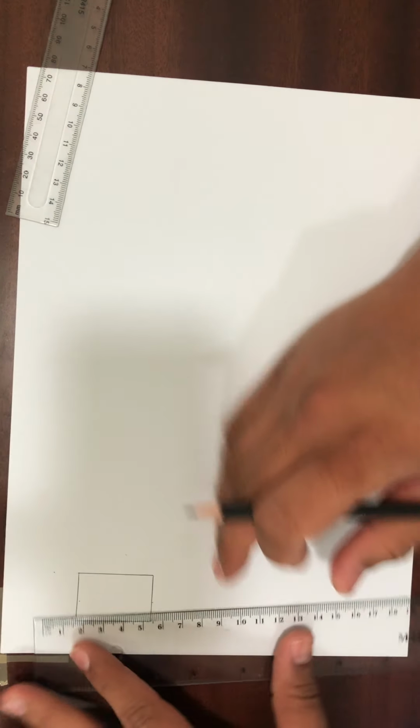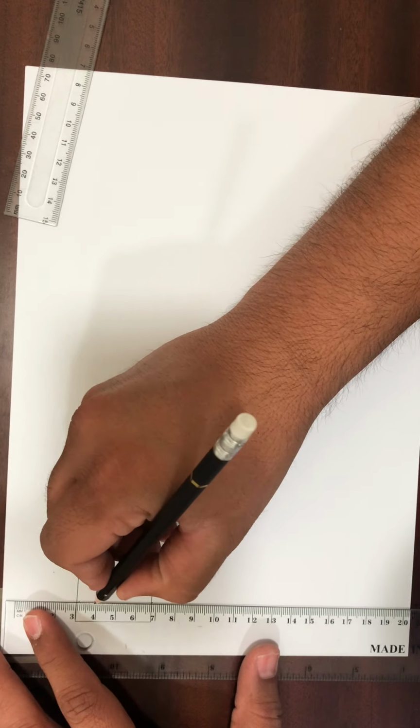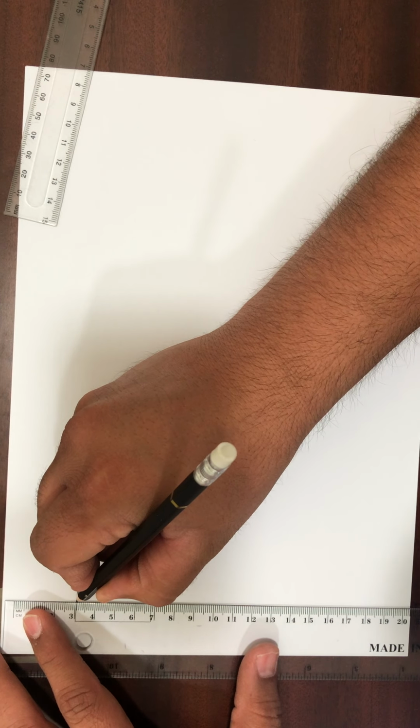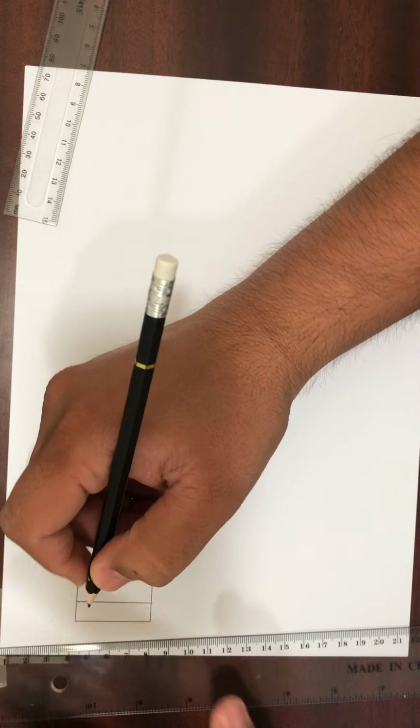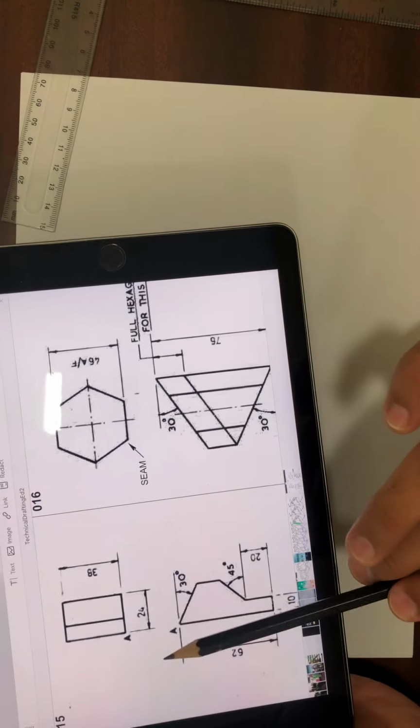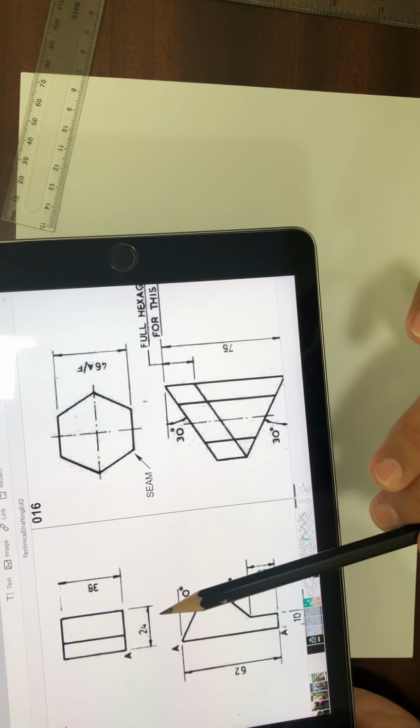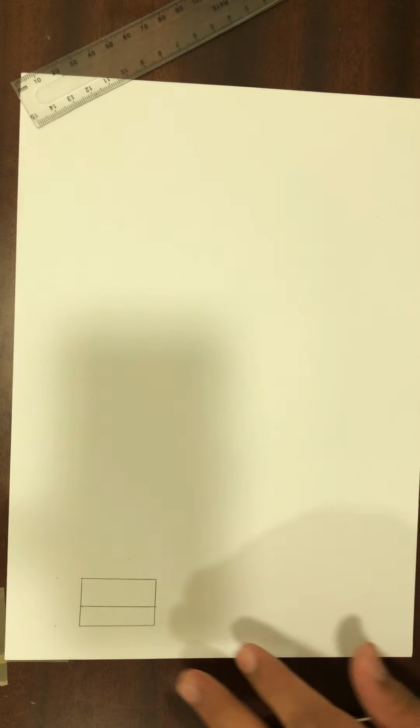Now simply join the two dots. So with this, the top view is completed. This is 24, 38. Okay, so let's make the dimensions as well.